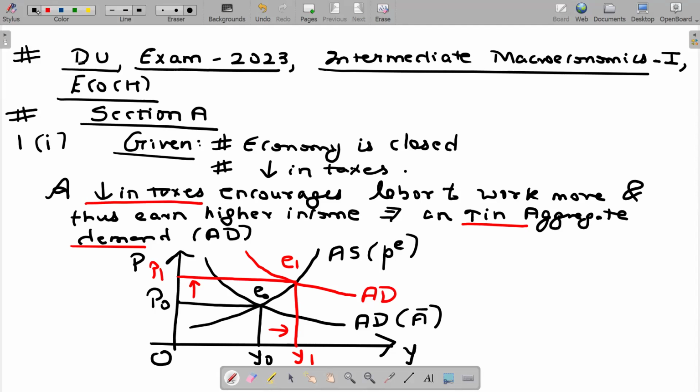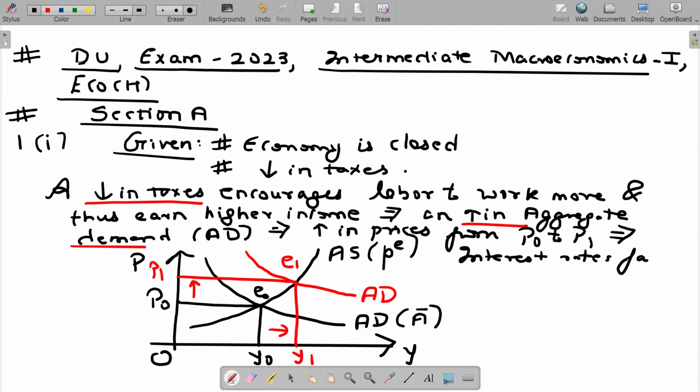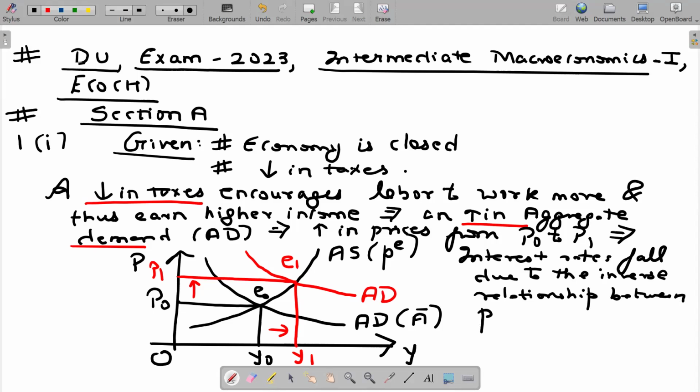So I can say an increase in aggregate demand would imply an increase in prices from P0 to P1, which implies that interest rates fall due to the inverse relationship between the price and the interest rates from the bond market.